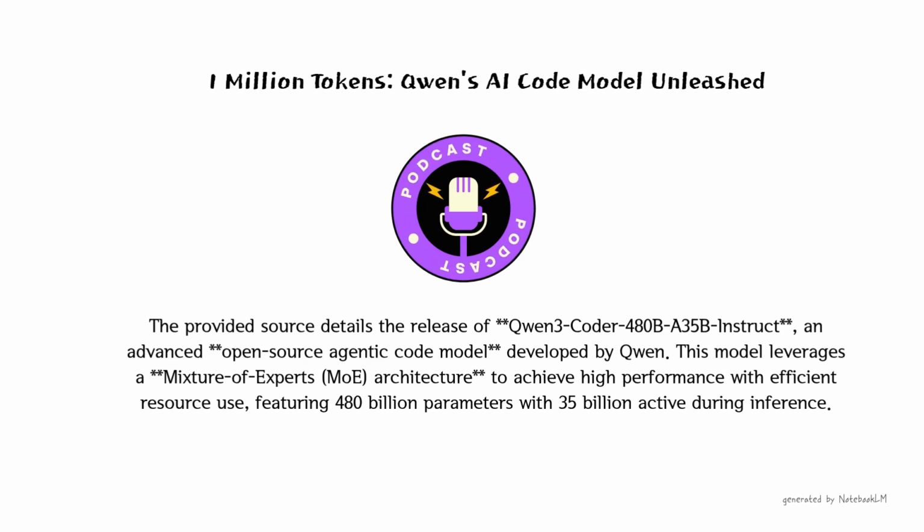So this MoE thing, let's break that down. How does that work? Well, think of it like having a massive team of specialists, maybe 160 experts on call. One knows Python inside out, another's a database guru, another's C++. You get the idea. Right, specialists. Now, when you ask a question, instead of all 160 trying to shout an answer. Chaos. Right.